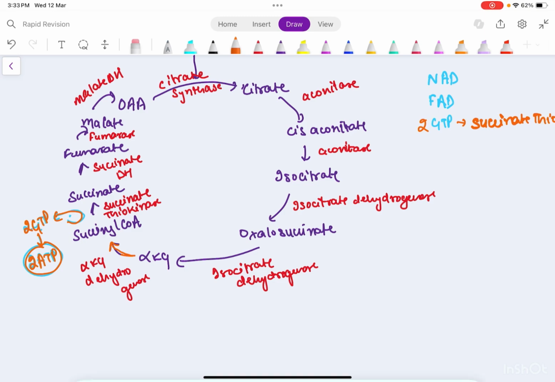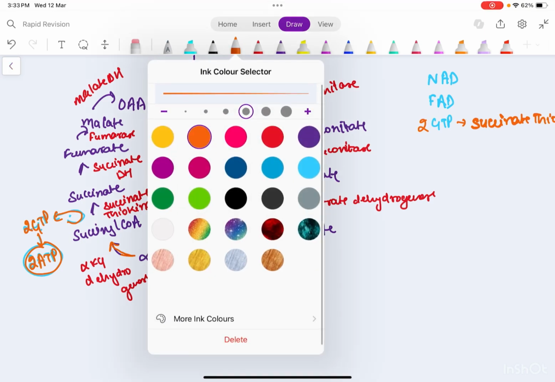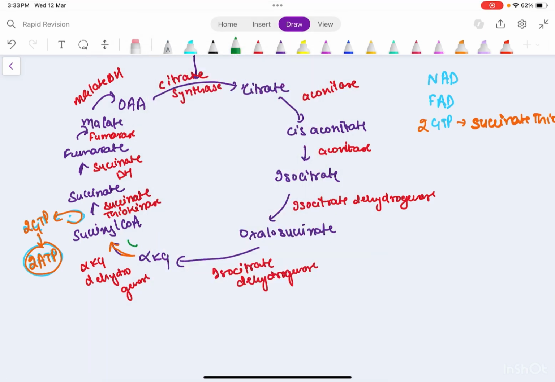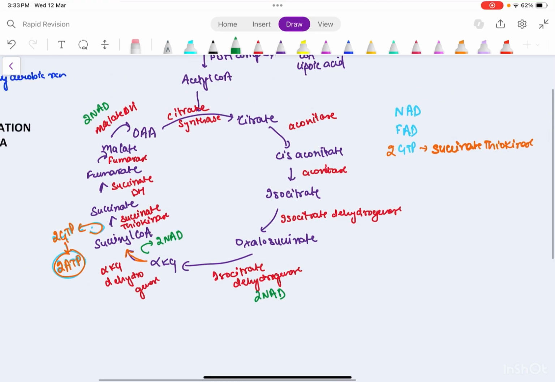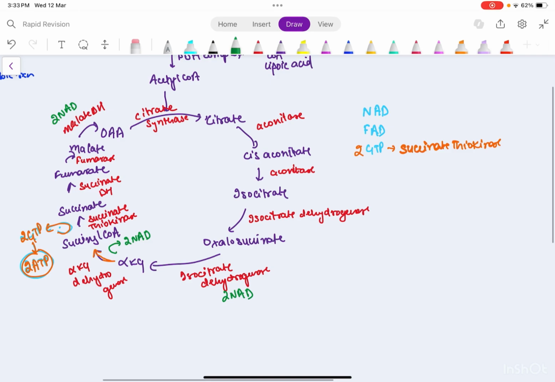Then we have this step over here. In this step we get NADH. So we get 2 NADH here, then 2 NADH here, then 2 NADH here. Alright, so 3 steps, so we have around 6 NADH.